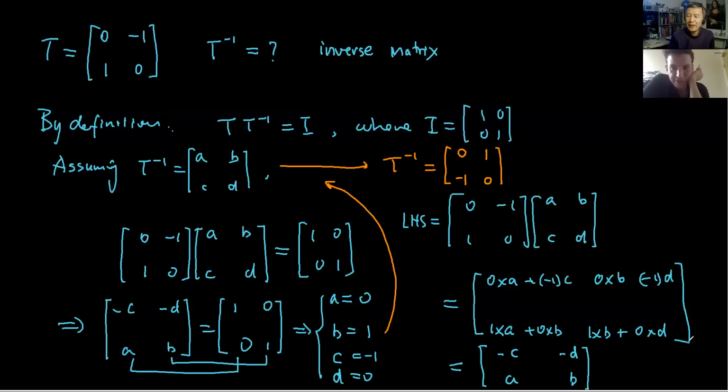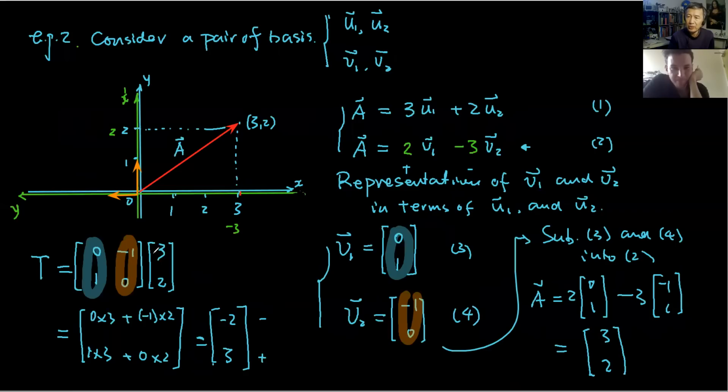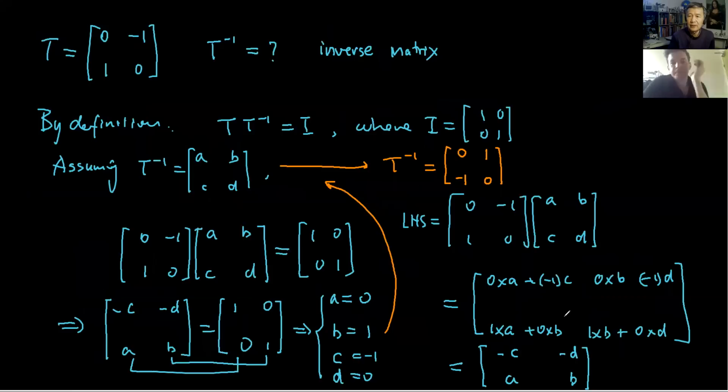So if we repeat our calculation, we are trying to transform the vector in the original basis into the new one. The old one is 3, 2. We can multiply this, and that should give a correct answer. Can you follow me? So we use T inverse multiplied by 3, 2.